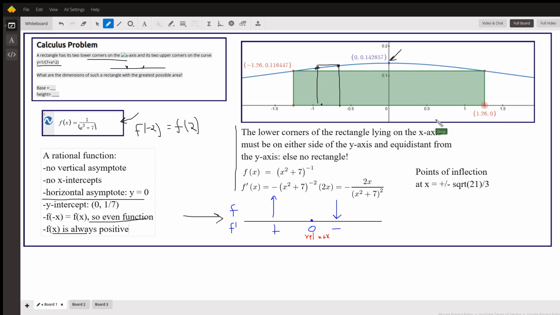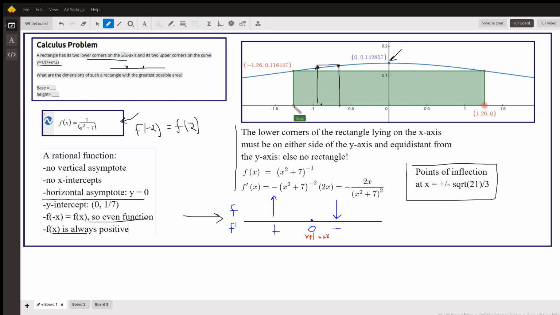And the same on the right side of the y-axis, except the function's decreasing to the right. By the way, if you do take the second derivative and set it equal to 0, you'll see that there are points of inflection where the curve goes from concave down to right about in here. It turns around and goes concave up. But that's another matter.